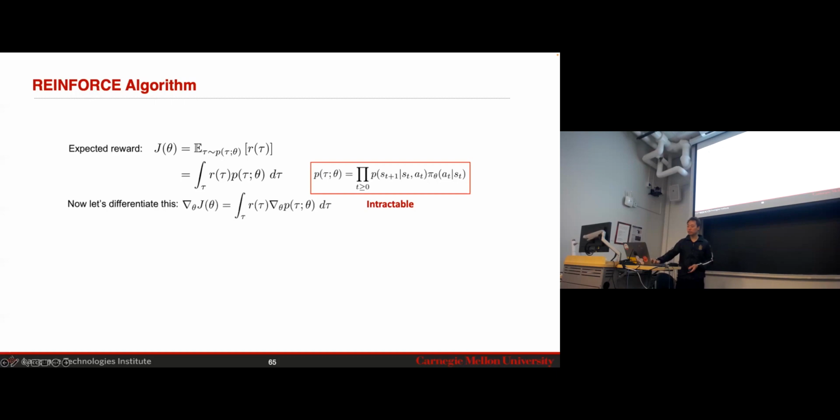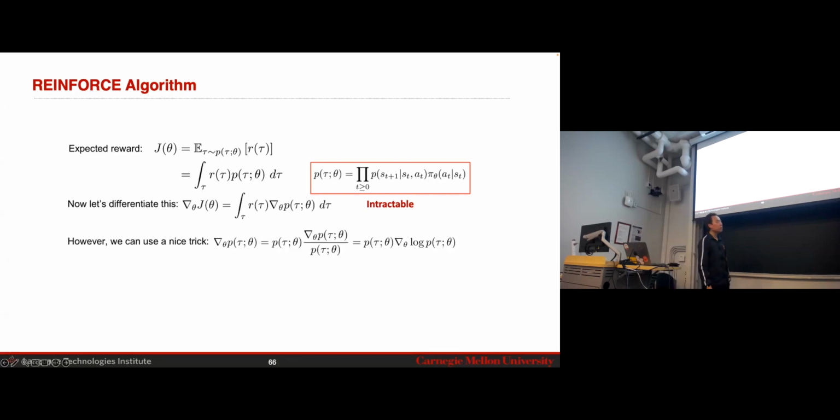That's actually very complex. But you can use a cool trick, which is that the gradient of P is equal to multiplying by P at the top and the bottom, right? P of tau at the top, P of tau at the bottom. And this second term, the gradient of something with respect to the same thing, is just the gradient of log, right? Gradient of log of that term.